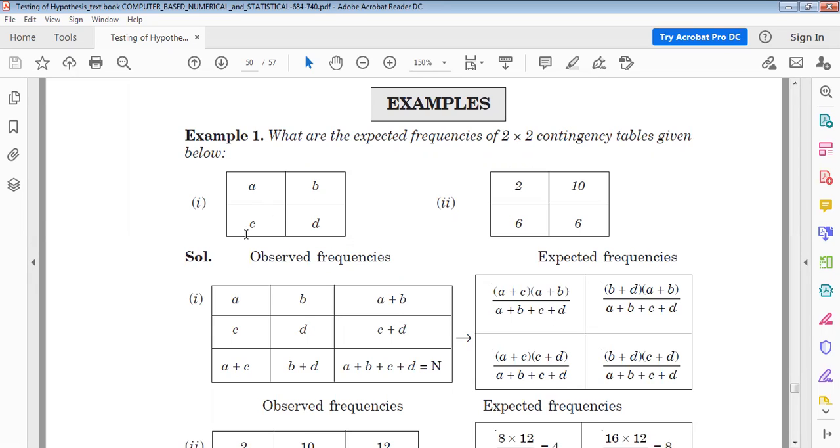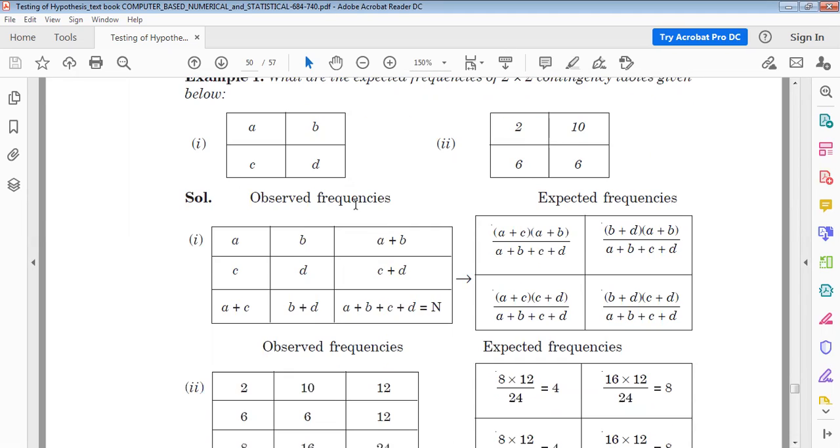The first row is A, B and C, D, and the second example is 2, 10, 6, 6. That means we are calculating the expected frequency by using a 2 cross 2 contingency table. Suppose the observed frequencies A, B, C, D are given. Understand?